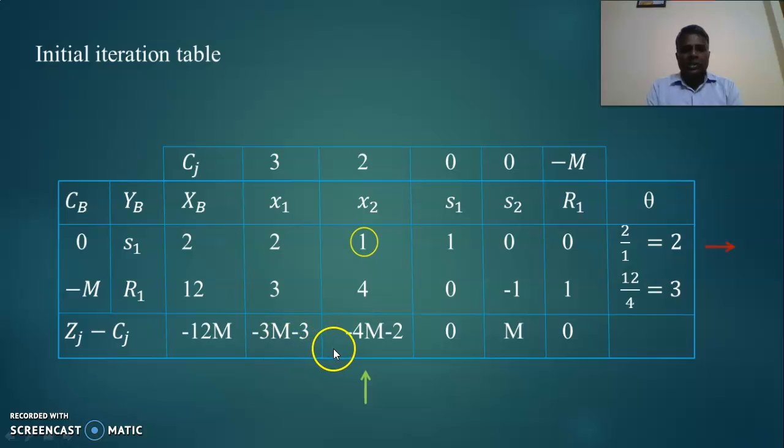Here we identify the most negative value, minus 4M minus 2. So x2 enters the basis and S1 leaves the basis, since the ratio of 2 is the minimum among the ratios. We find the ratios for the corresponding columns. 2 is the minimum ratio, so we identify that variable S1 leaves the basis.